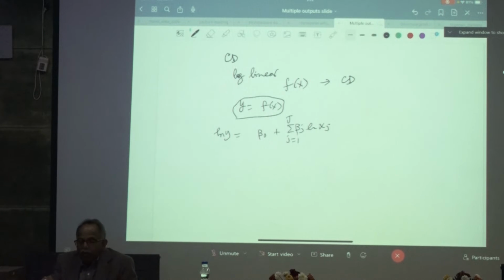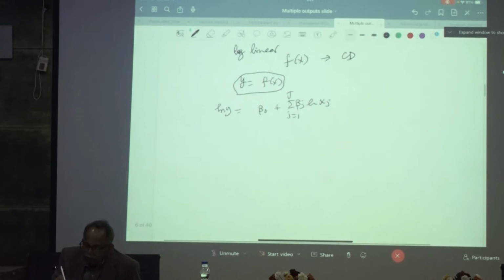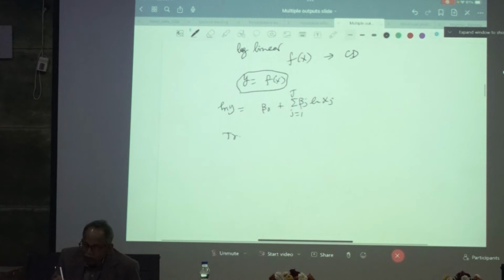Okay, now again, when you do translog, this is another thing that you have probably not seen, but again, this is not something very hard. The translog is a quadratic form in your logs. Okay, so this is linear and this is quadratic.